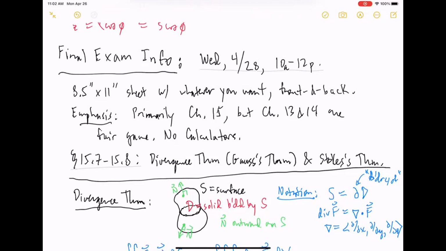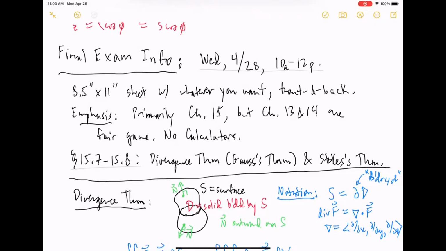You can have an 8.5 by 11 inch sheet, not feet or whatever, with whatever you want written on it, front and back. Believe it or not, I do have to specify things like that. Again, chapter 15 will be a chief emphasis on the exam itself, but don't be surprised if I ask you stuff from chapters 13 and 14.